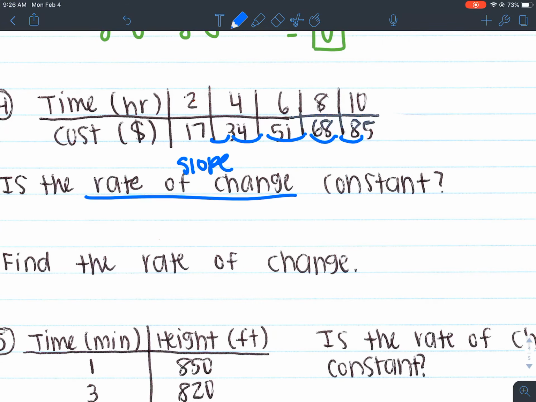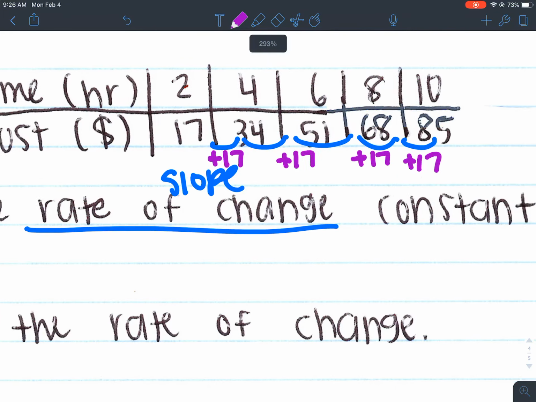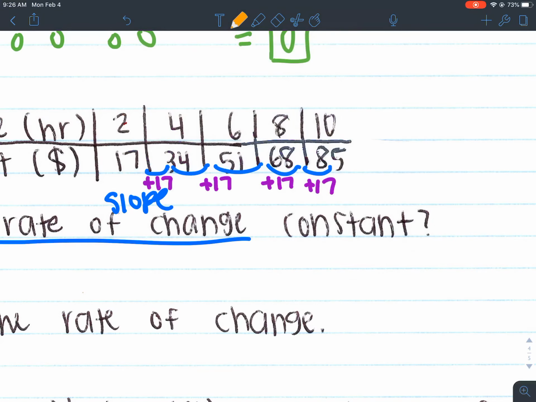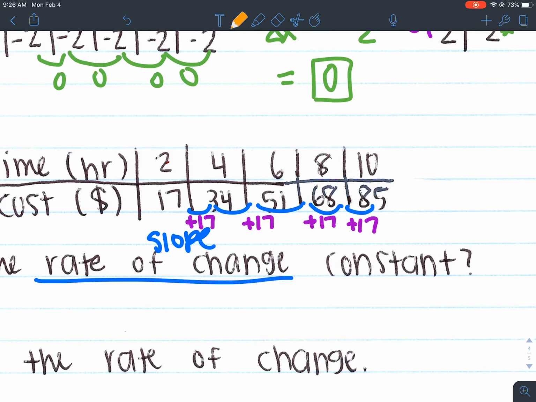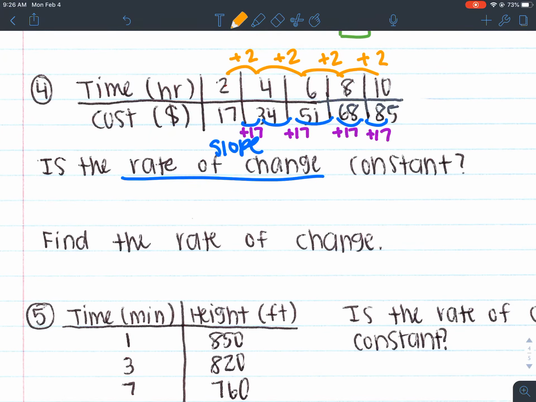Going from number to number, what am I doing? Well, I'm actually adding 17 every single time. Right? We're adding 17. And then from here, I'm adding 2. All right? Well, my slope is constant, yes.